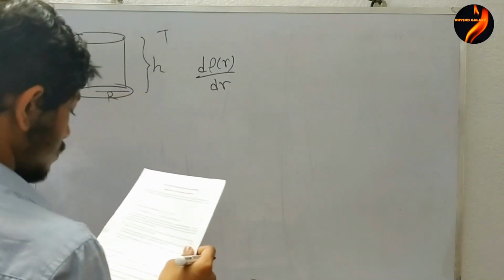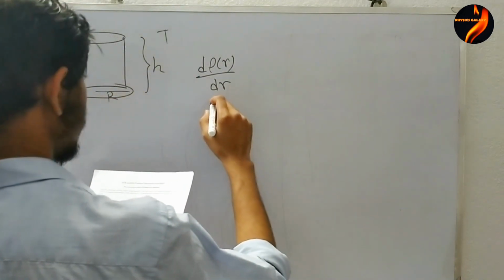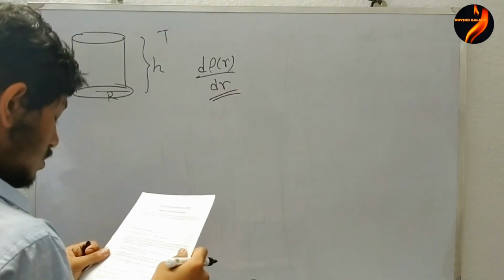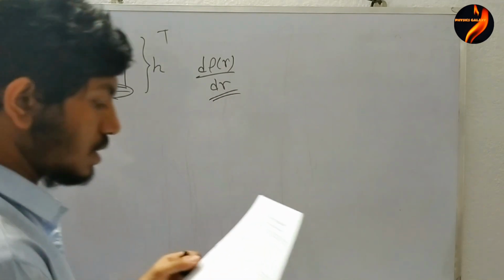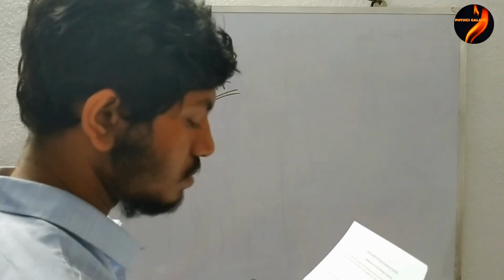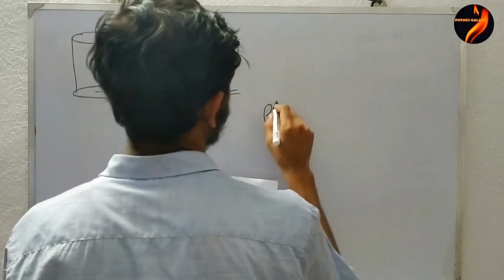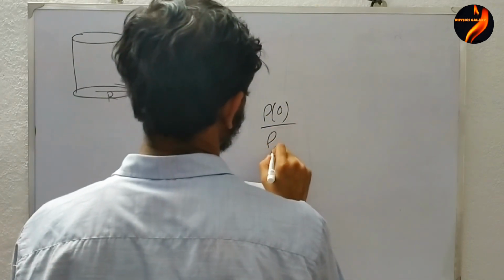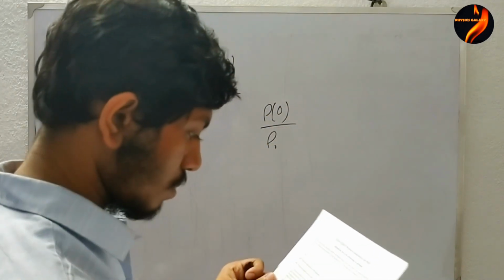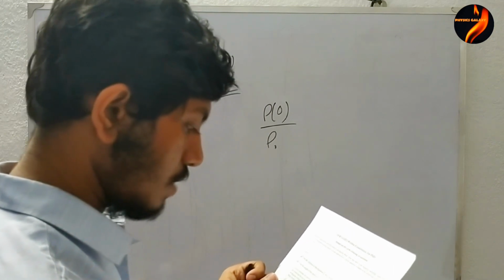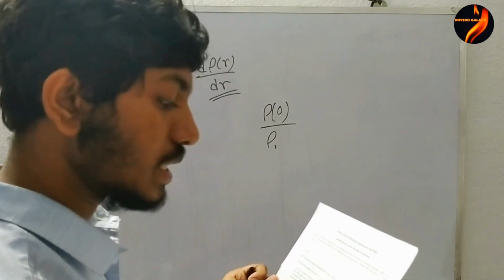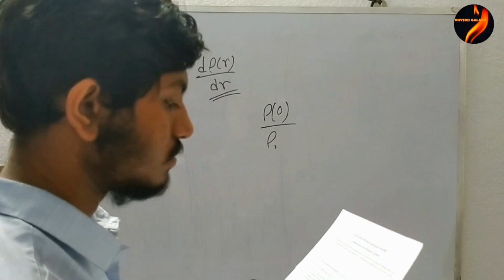I didn't do this problem in the examination. And then there is another question: what is the value of the ratio rho of 0 by rho naught along the axis of the cylinder? Is it greater or less than 1? What is the physical interpretation?